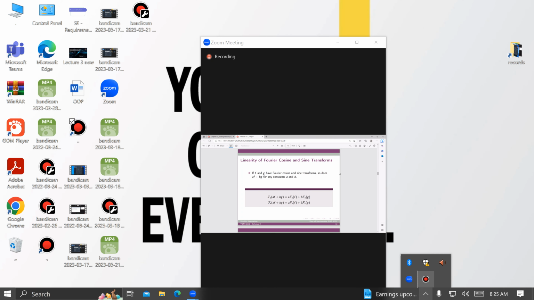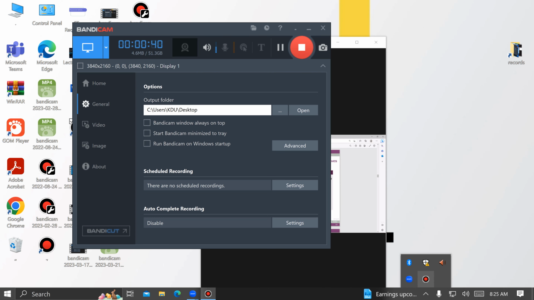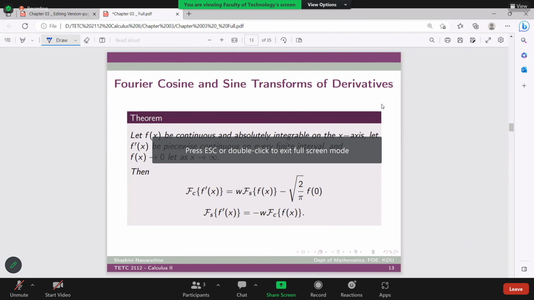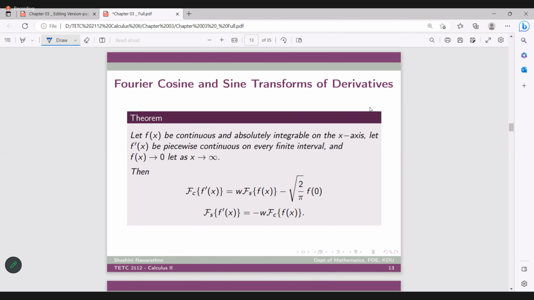So the next property that we are going to... oh no, not about the property. Now we are going to discuss the way of finding the Fourier cosine and sine transform of derivatives. Don't think about these things. You don't need to worry about those things. This is the way of stating the theorem.